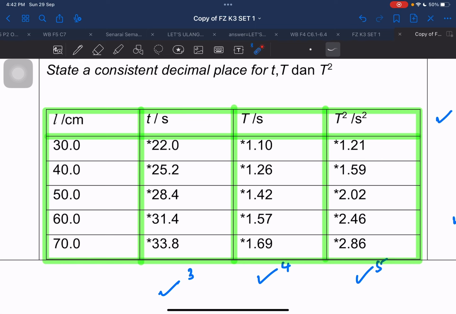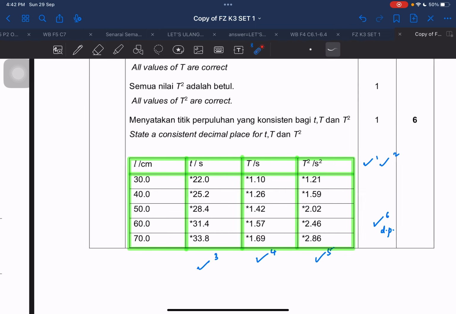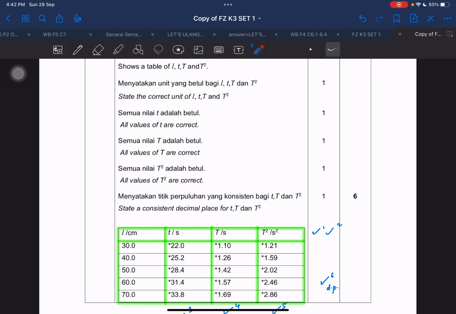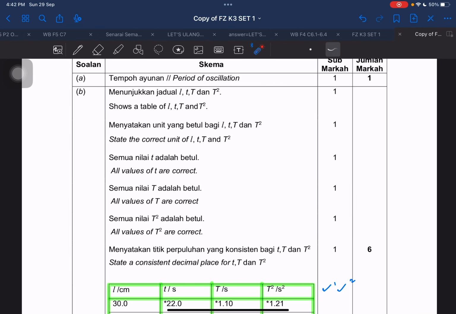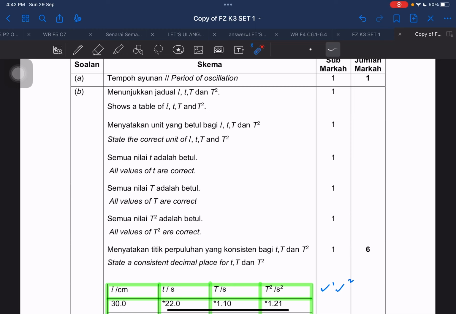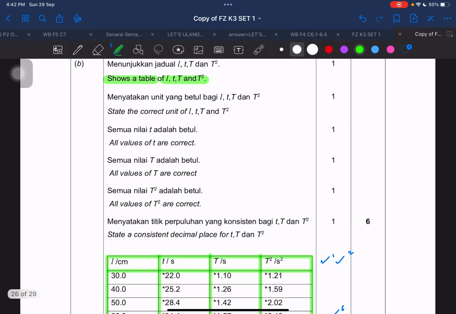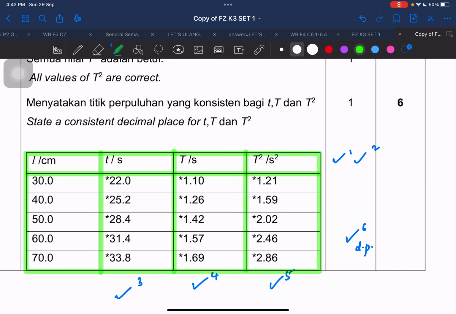So how do they give marks here? This is 6 marks. This is how marks are normally given. Show table. You must have a table, which means you have the border of L, T, T square. That will be 1 mark. You draw the table, and then you have this.